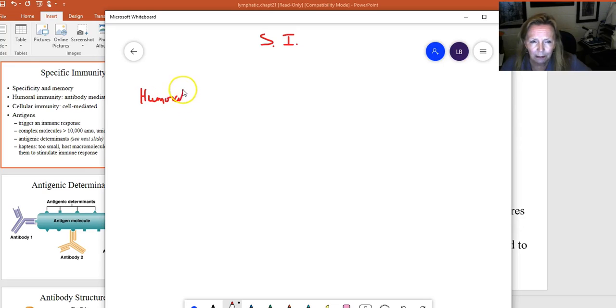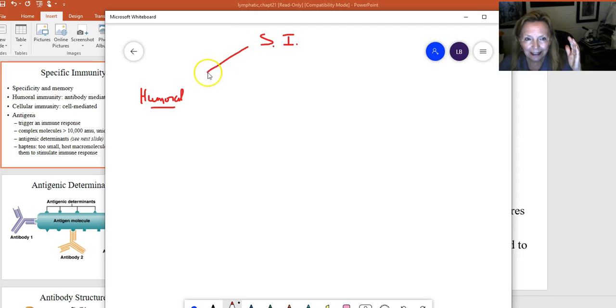Humoral immunity. The humors of the body are the fluids of the body. So we're talking about plasma, saliva, tears, gastric secretions, all the fluids of the body, including the lymph and the lymph return that we talked about. So this is what's going on in those fluids of the body.